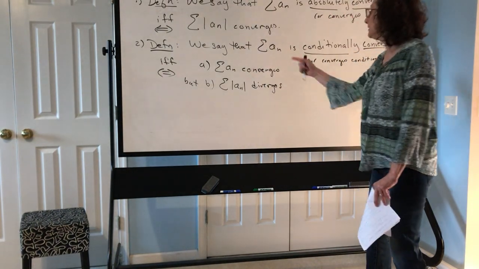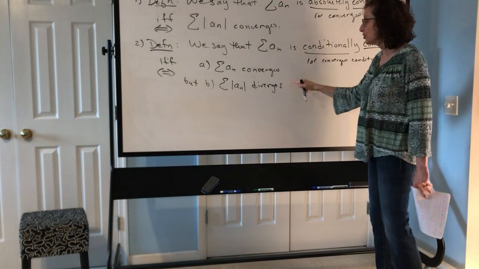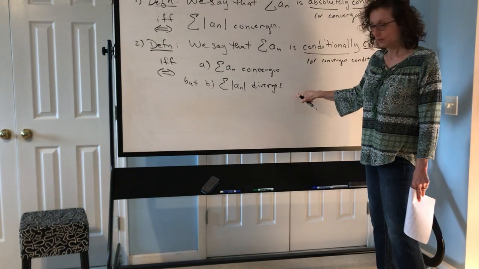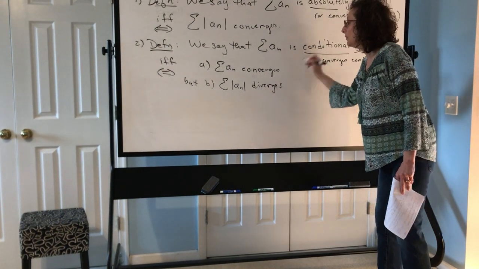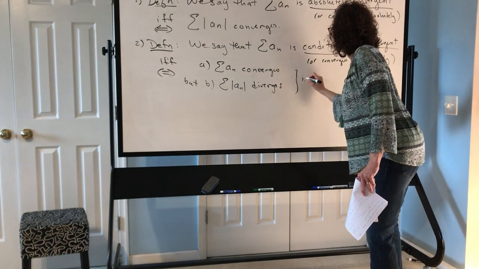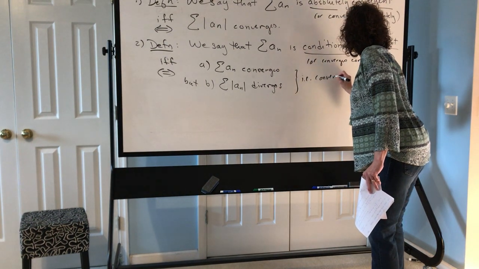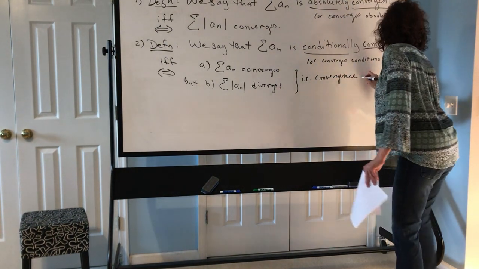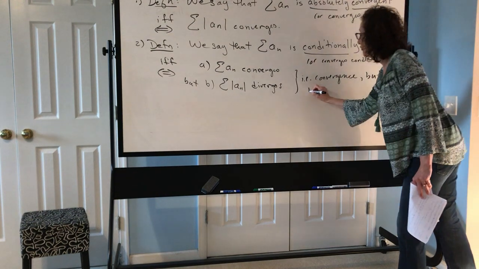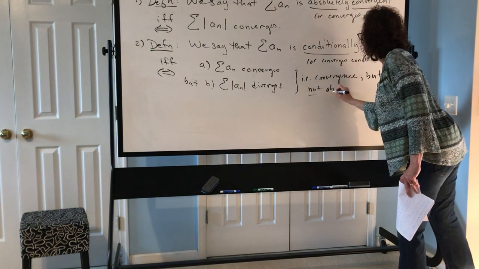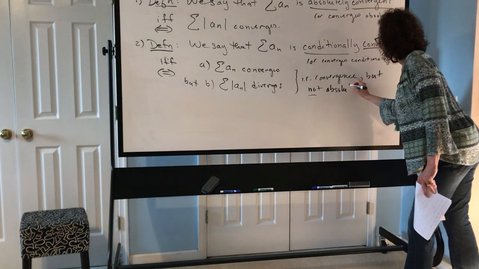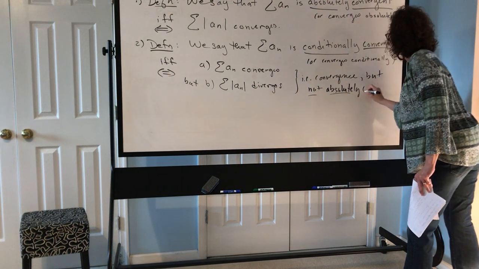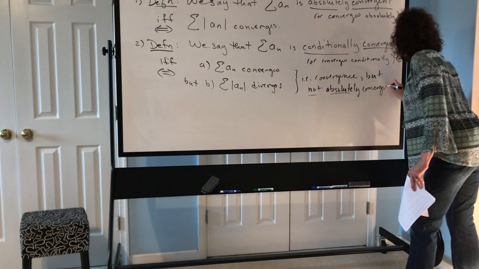So what does it mean to converge conditionally? You converge, but you don't converge absolutely, right? So what does this mean? I.e. convergence, but not absolutely convergent, right? That's what conditional convergence is.